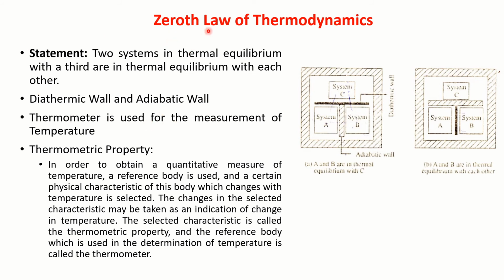From the Zeroth Law, the property temperature arises. Temperature is a property, and it is a result of the Zeroth Law of thermodynamics. Sometimes we have to measure this temperature. For that, we use a device, a thermometer.